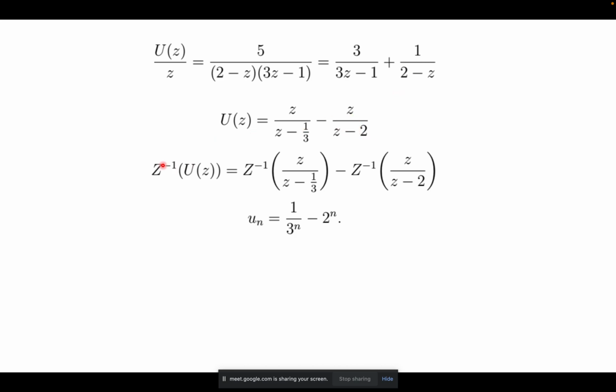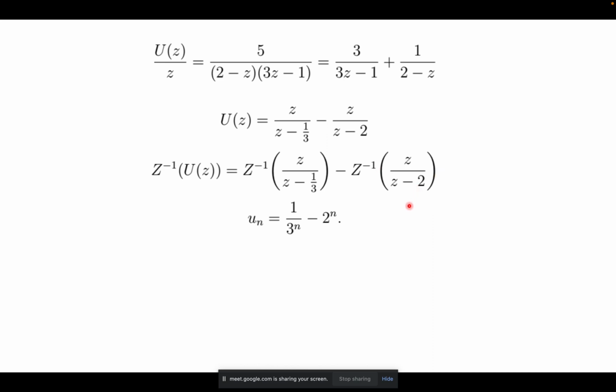And if I take the inverse z transform of both the right hand side and left hand side, I will get inverse z transform of U of z is equal to inverse z transform of z upon z minus 1 by 3, and here you will get inverse z transform of z upon z minus 2.